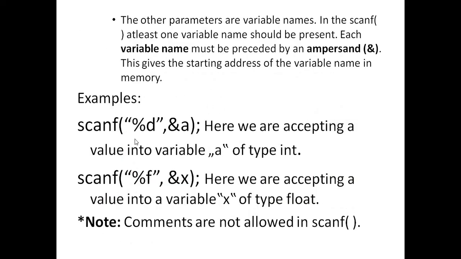Say, for example, scanf, and within the double quotes we write the control string, and this will specify the variable. Here we are reading a value into a variable a of type integer; d represents the integer data type.